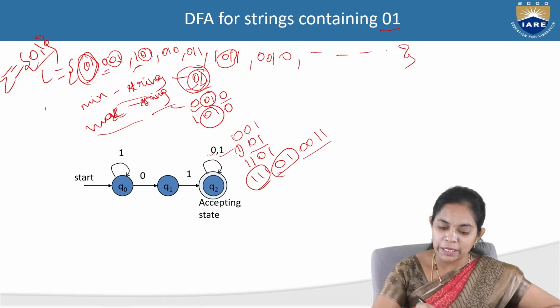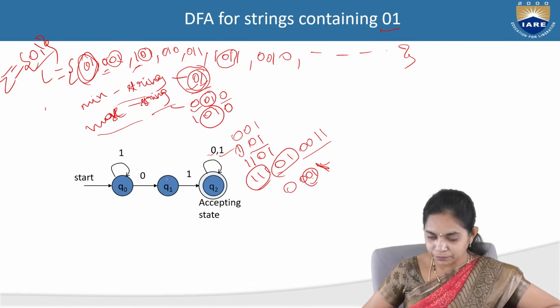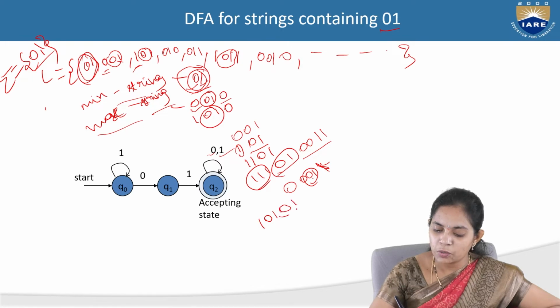And what about the middle of the substring? We can also have 0, 1, 0. 0, 1 is common here. And what about this 0? After 0 we have 1, 0, 1, 0, 1. 0, 1 is the substring, and it is going to end with 1 or 0 like this.